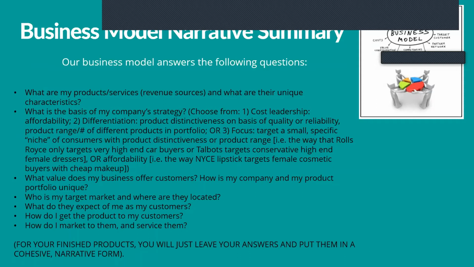For a company based on differentiation with product distinctiveness or quality or reliability, you could think of a firm that just has one or two or three products, not a wide range, and they're just focused on it being the best option, the most affordable option, the most distinctive option for people in that category.